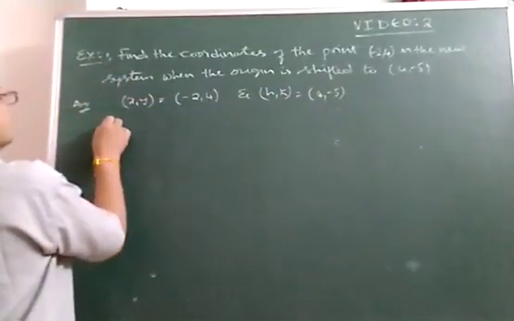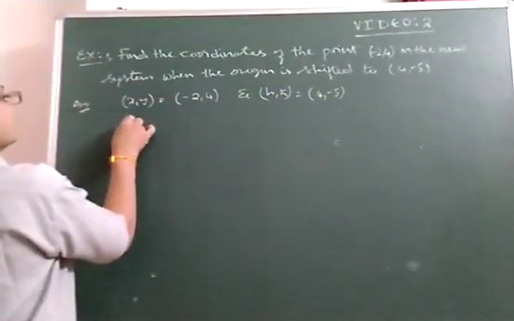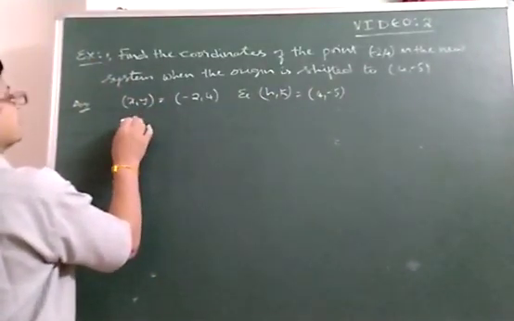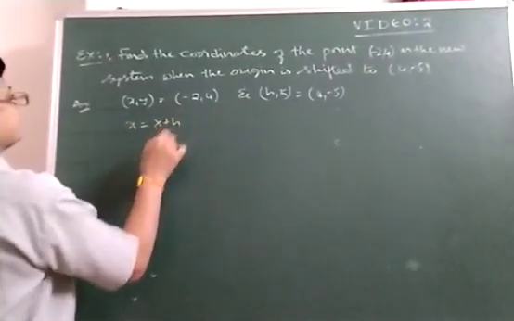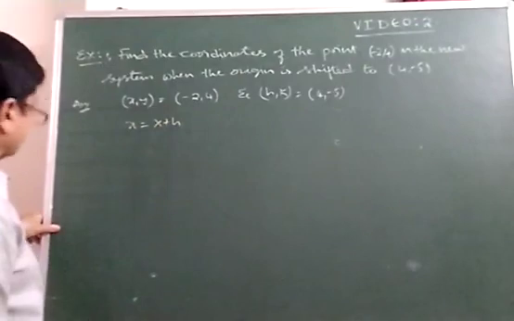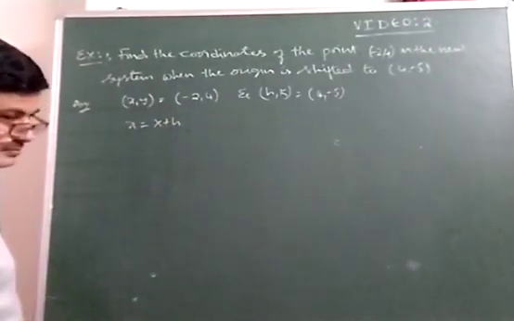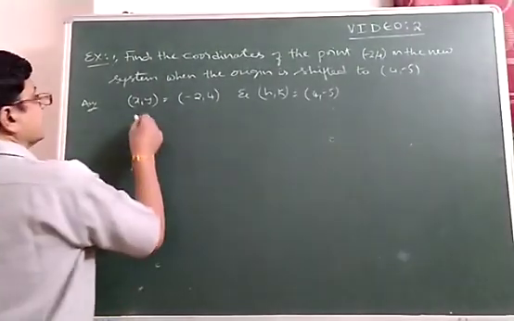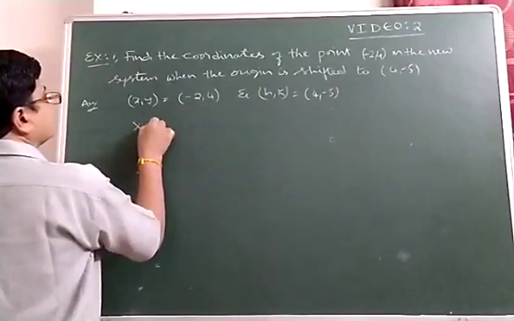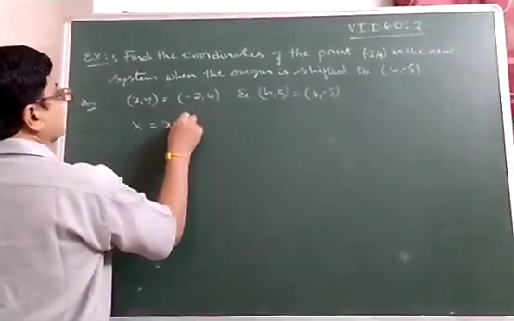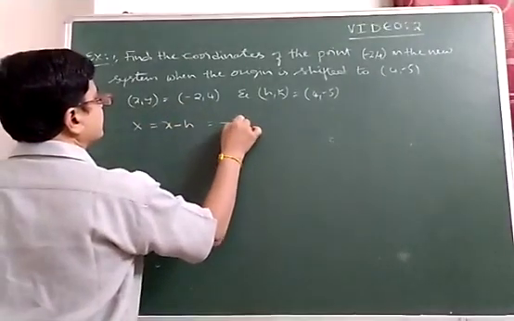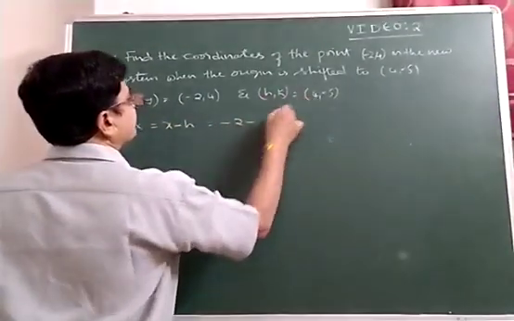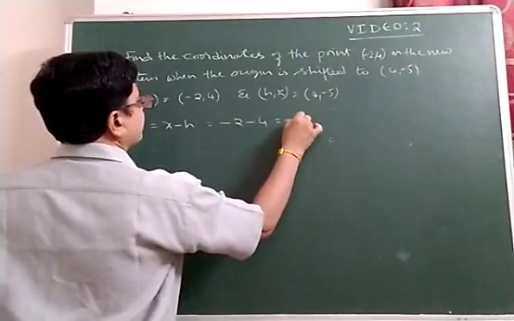Now the new coordinates: small x is equal to capital X plus h, so capital X is equal to x minus h. That is minus 2 minus 4, which is equal to minus 6.